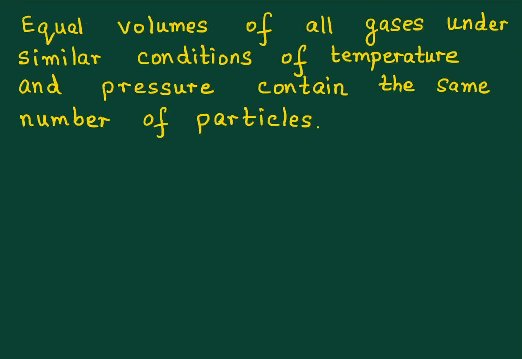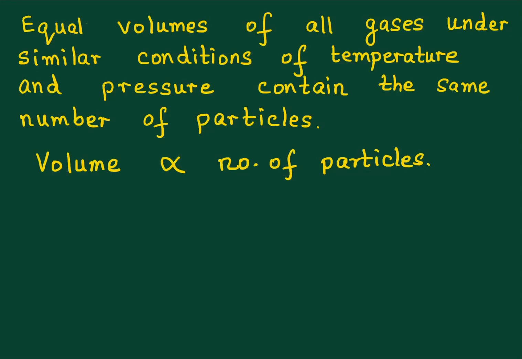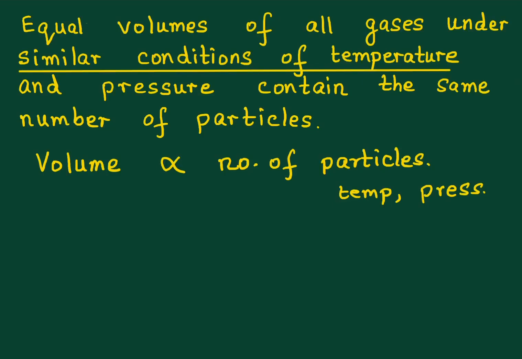As with the other laws, what we are doing is correlating volume and the number of particles, and number of particles means the mass, right? But what are we taking constant here? Temperature and pressure are kept constant. That is what we mean when we say similar conditions of temperature and pressure, right?